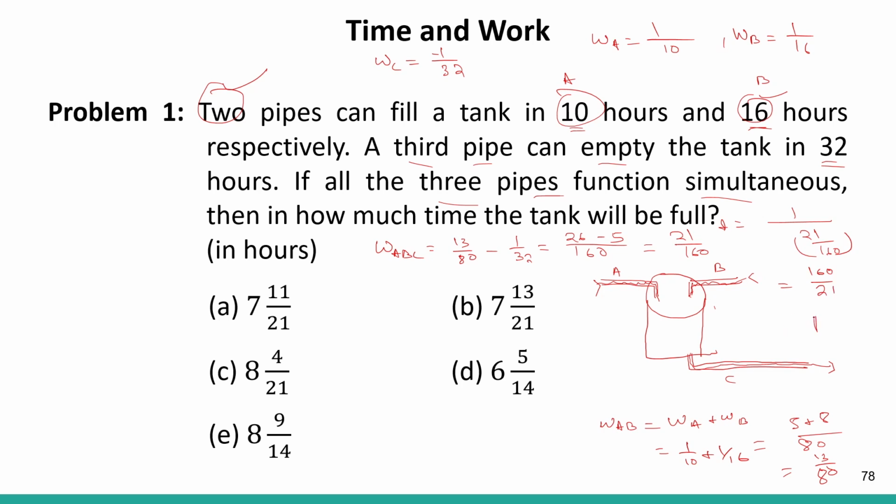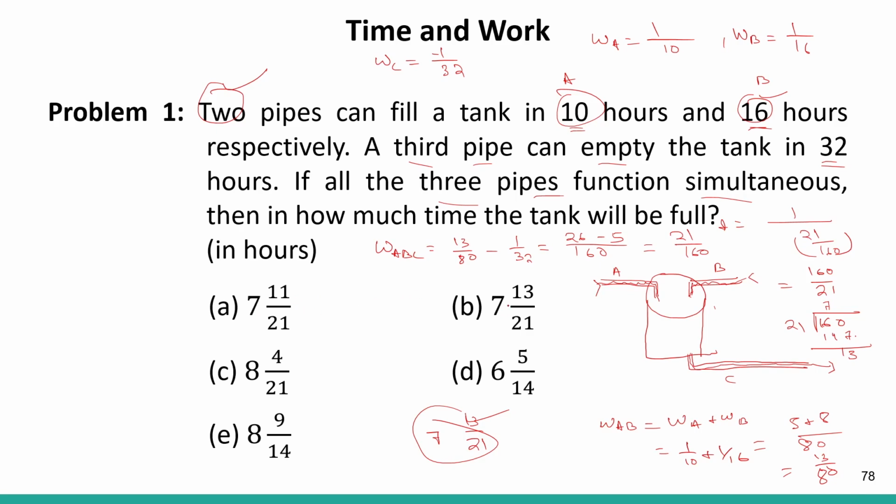Let's divide 160 by 21. 21 into 7 is 147, so the remainder is 13. The answer is 7 whole and 13 by 21.